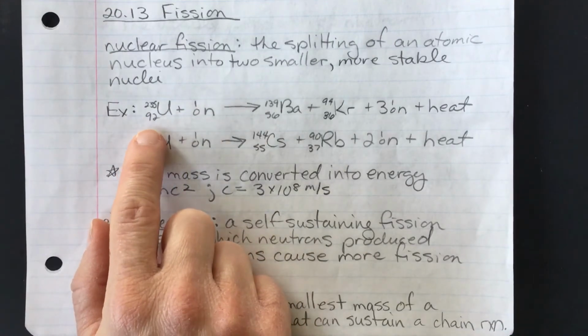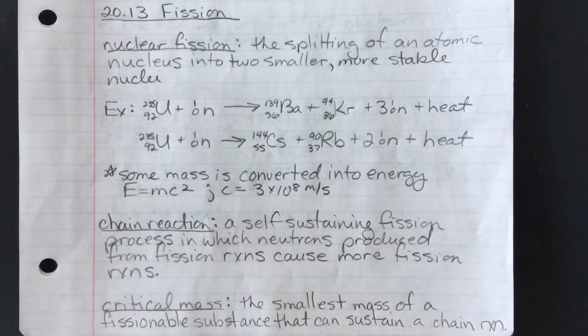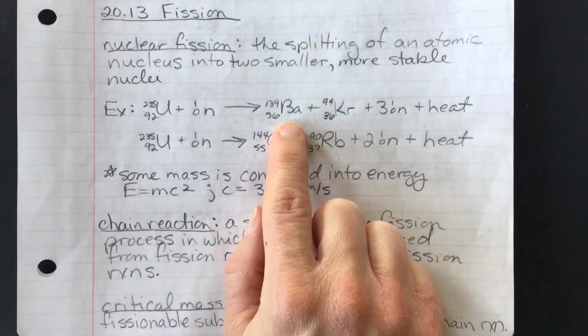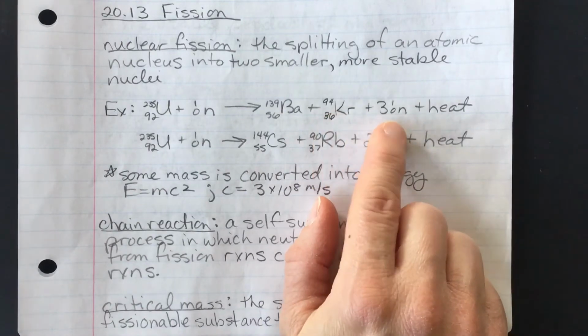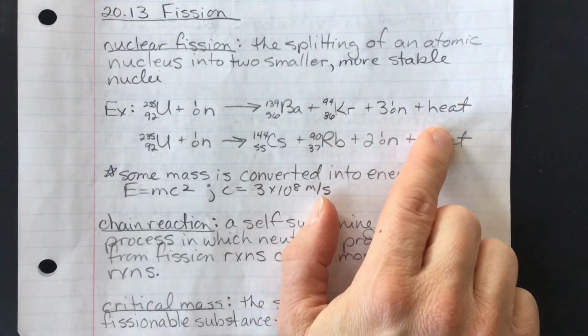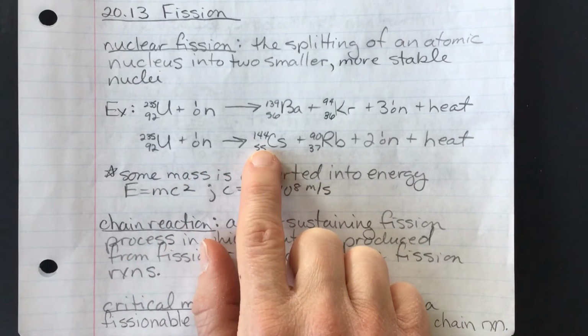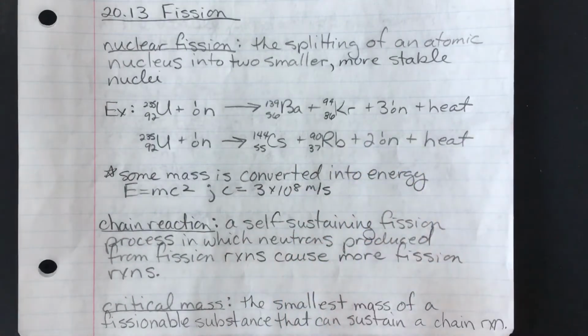So we can bombard uranium-235 with a neutron, and actually there's more than one reaction that can occur, and probably even more than these two that I've written. Two reactions that can happen: it can break down into barium-139 and krypton-94, releasing 3 more neutrons and a lot of heat. It can also break down into cesium-144 and rubidium-90, releasing 2 neutrons and a lot of heat.